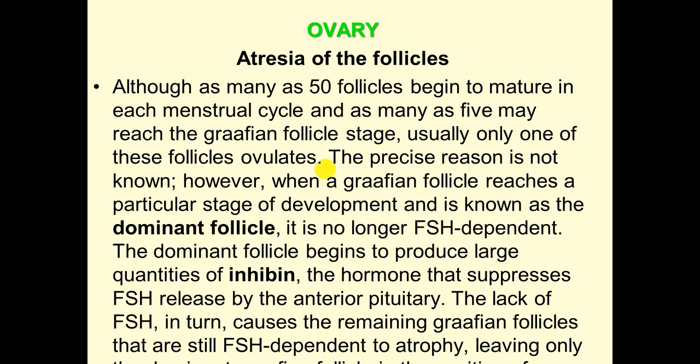Again, about follicles. I told you that at the stage of the antral follicle, most follicles undergo atresia. You have to understand that the phase of fast growth starts with up to 50 follicles, sometimes 10, sometimes up to 50 follicles.